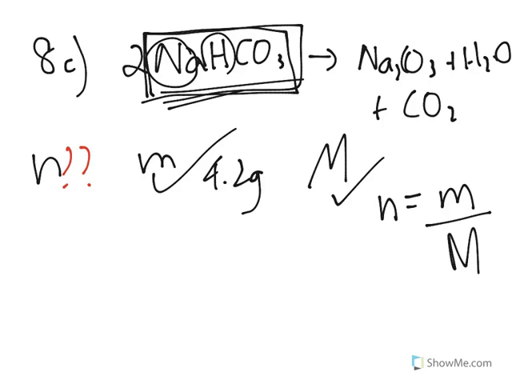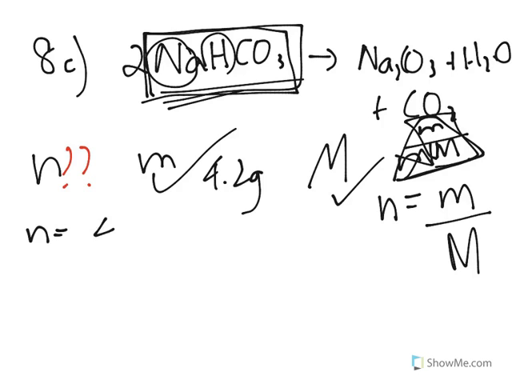The triangle is N, M, and M. So the number of moles of sodium hydrogen carbonate is equal to the mass, which is 4.2 grams, divided by the molar mass.